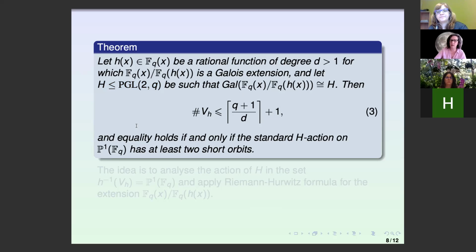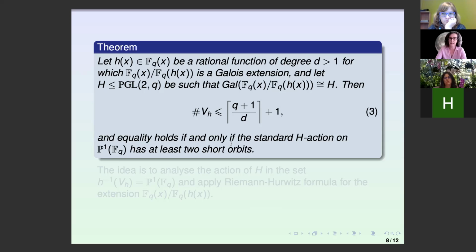And we know when we have equality here. We have equality if and only if the action of the group on P1 has at least 2 short orbits. Remember that this number is always larger than (q+1)/d. So if you have a Galois extension, you have this.